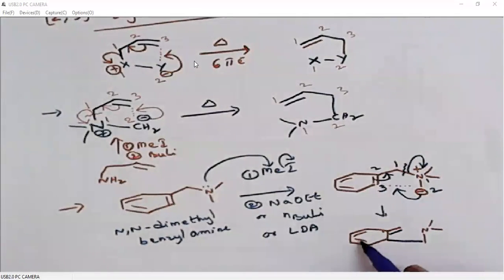Now, of course, there are 2 double bonds in the 6-membered ring, and there is one more double bond. Of course, it is exocyclic, but we can easily rearrange this. So when we do protonation, deprotonation, this again gives the aromatic system.